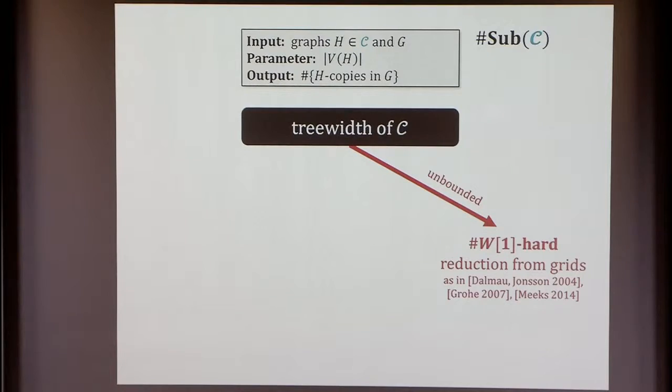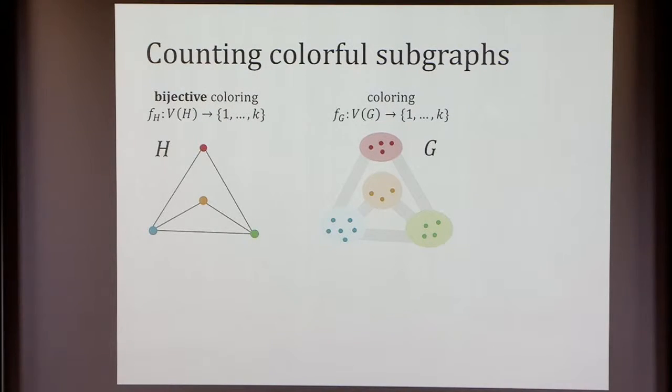And I want to talk first about this unbounded tree width case where we get a reduction from counting grids. So to get the hardness result for counting subgraphs, we actually first look at the problem of counting colorful subgraphs, because it turns out that working in this setting is much easier, and we can work efficiently in this setting if we have unbounded tree width. So the situation for counting colorful subgraphs is that we again have patterns.